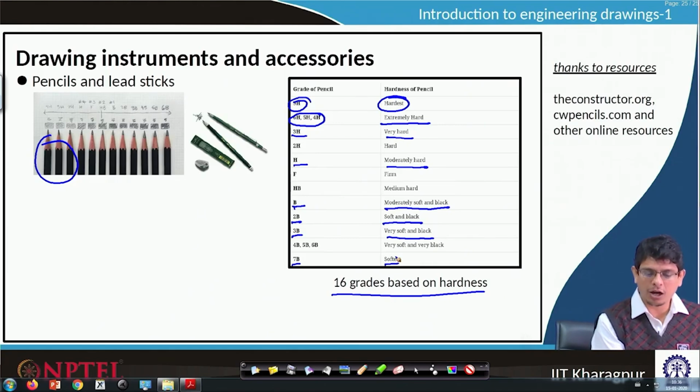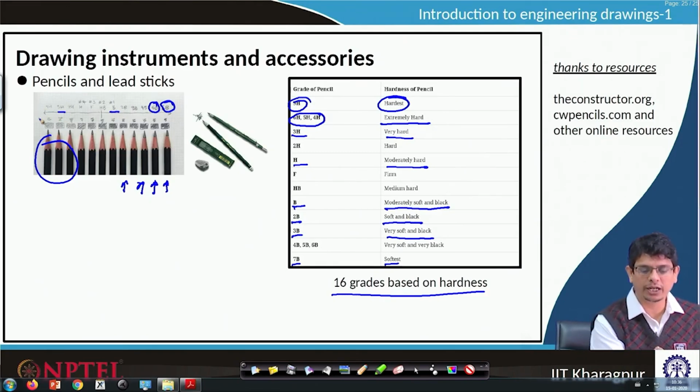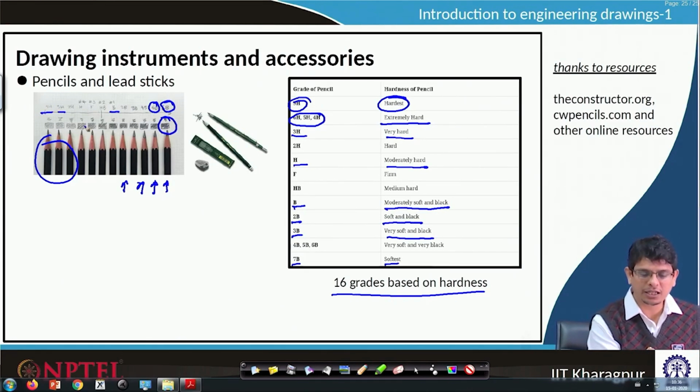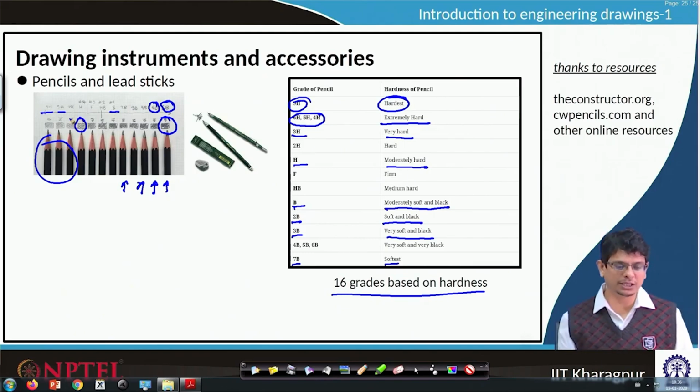So, here on the left hand side we have shown different pencils like 6B, 5B, B, maybe 5H, 3H and 4H notations. Below that we have shown the color made by the pencil, the contrast made by that pencil.